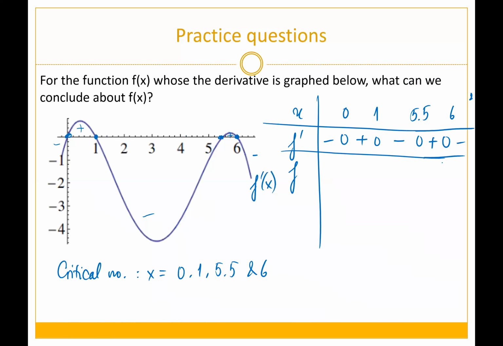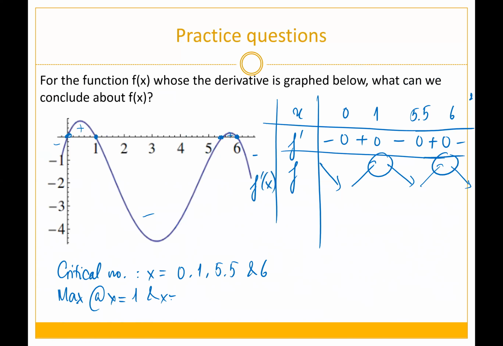So your actual function is going to go down, up, down, up, down. So you have a maximum at x equals 1 and x equals 6. Then you have a minimum at x equals 0 and 5.5.